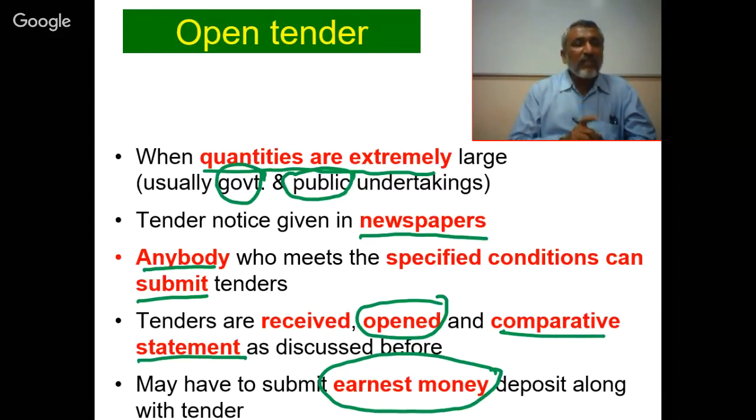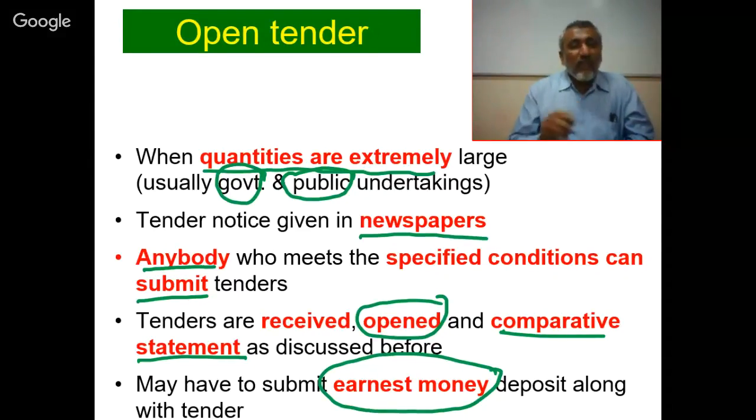That means the person who is given tender has to deposit a fixed amount as earnest money while giving the tender. This is to ensure that he does not back out after receiving the order. After tender is opened, everybody else who did not get the order will be immediately refunded the earnest money. The earnest money of the person who has got the tender will be settled at the time of settling his bill.